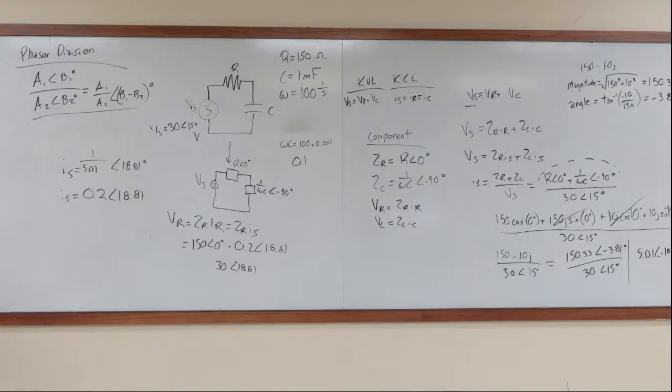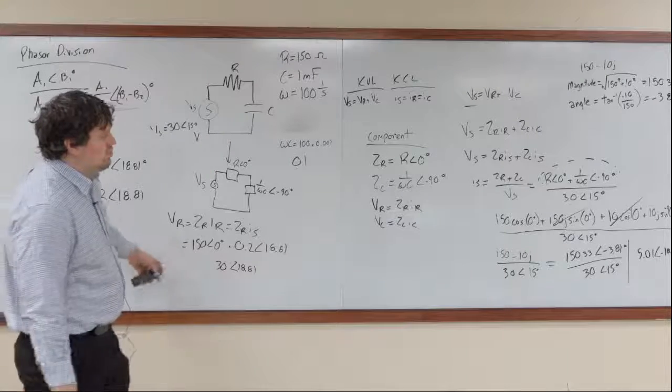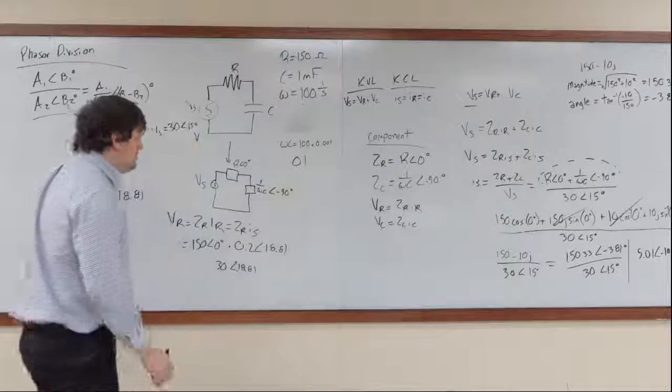Okay. And then to find ZC, we do the same thing. We take 1 over omega C, which ends up being 10.